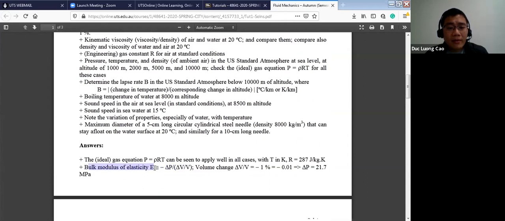Bulk modulus of elasticity E will be equal to minus delta P, where delta P is pressure change, divided by delta V over V, where delta V is volume change. So this one is the equation of elasticity. It shows the relationship between pressure change and volume change.